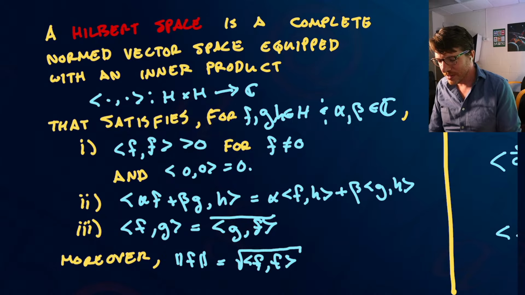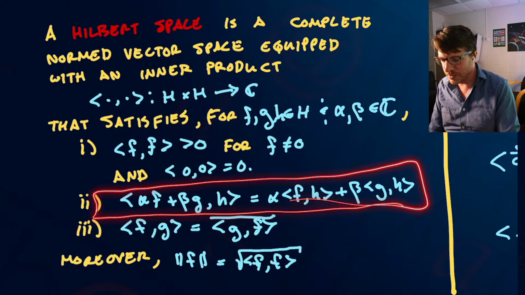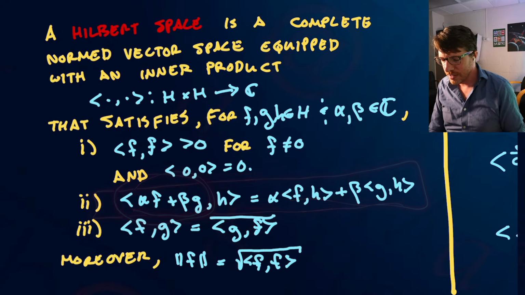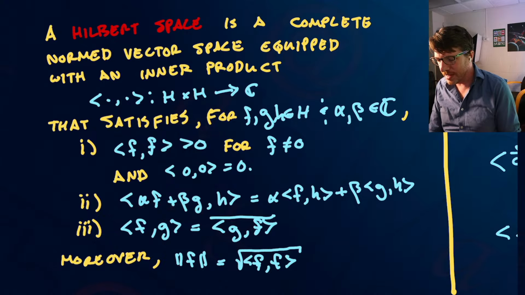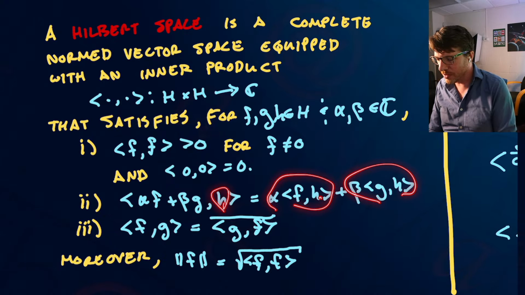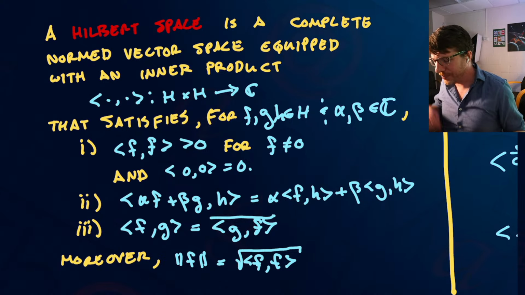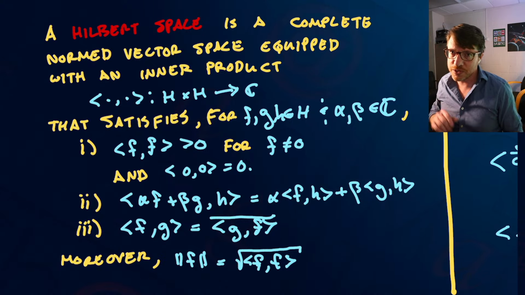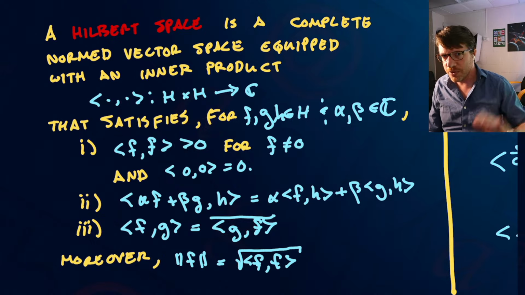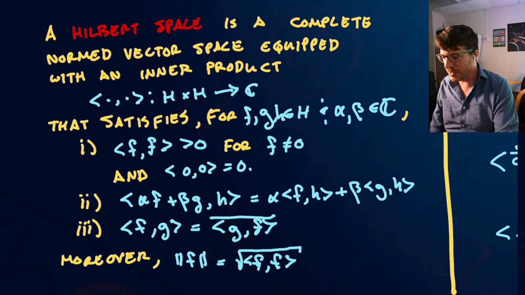And so we also have this linearity property, which is pretty nice. So in the first term here, if we have alpha f plus beta g, then we can split these out here where we're keeping the h on the right hand side. Now, this only works for the left component. For the right component, it would come out as conjugate linear.